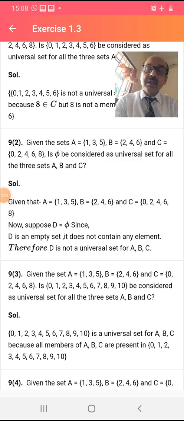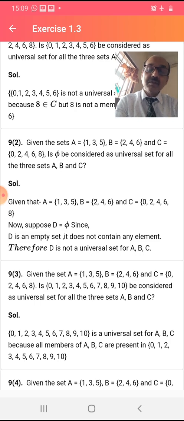And question number 9, part 3, that is 0, 1, 2, 3, 4, 5, 6, 7, 8, 9, 10. Up to 10, from 0 to 10 elements are there. So all the three sets' elements are present in the given set 0 to 10.